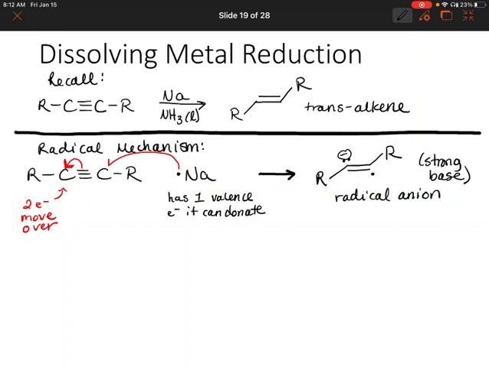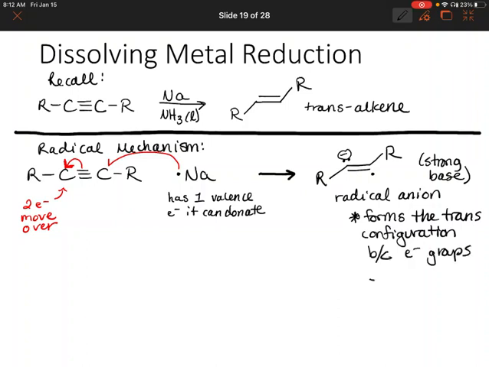Because remember, according to VSEPR theory, electrons want to be as far apart as possible. So this forms the trans configuration, because electron groups want to be far apart.